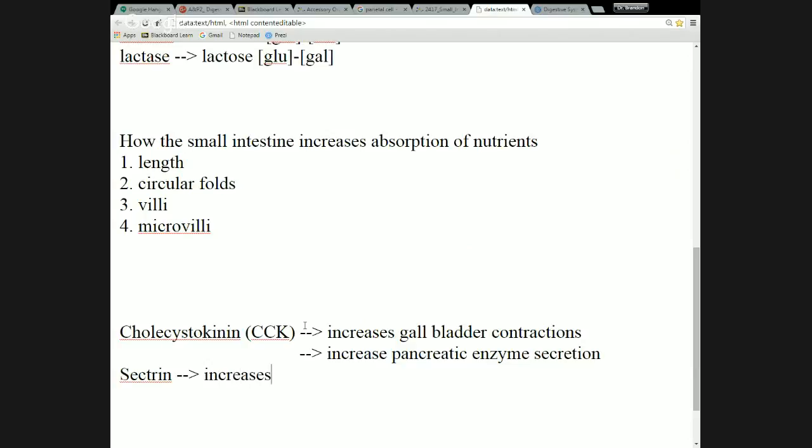And it increases liver production of bile and increases pancreatic bicarbonate secretion. Now, actually, bile has some buffering capabilities too, but the bicarbonate can be released from the pancreas, and bicarbonate or other buffers in bile are there to neutralize stomach acid as it moves into the duodenum.